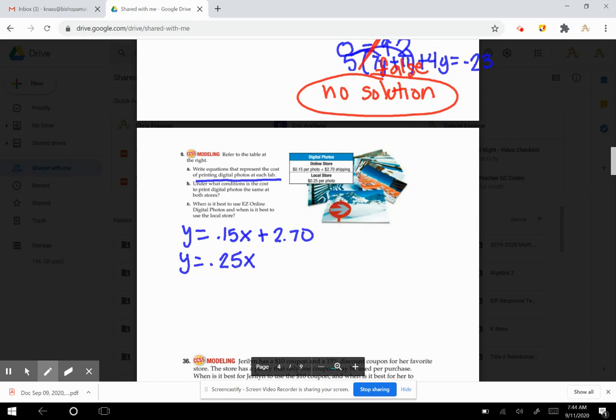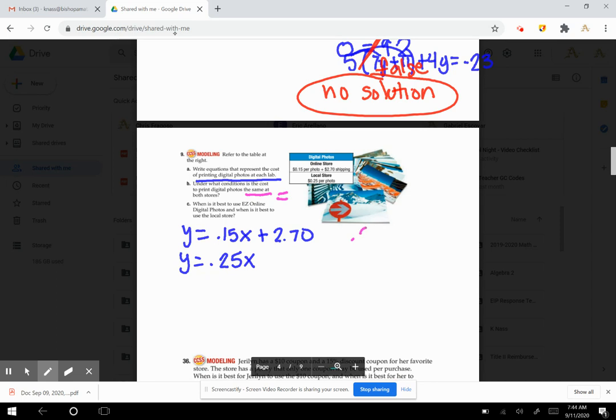Okay, so under what condition is the cost to print digital photos the same at both? So what does the same mean in math, right? The same means equal, okay? So what you need to do is set them equal to each other.